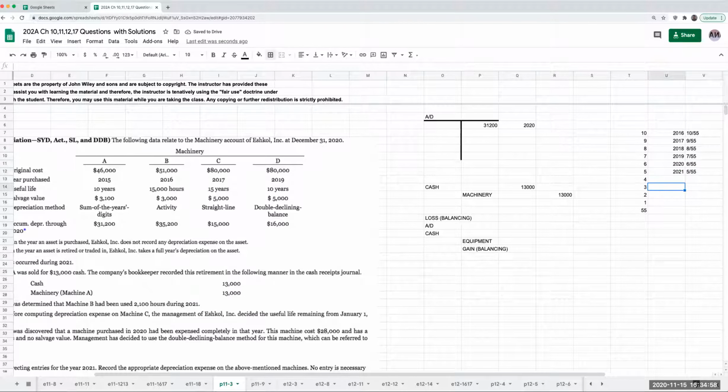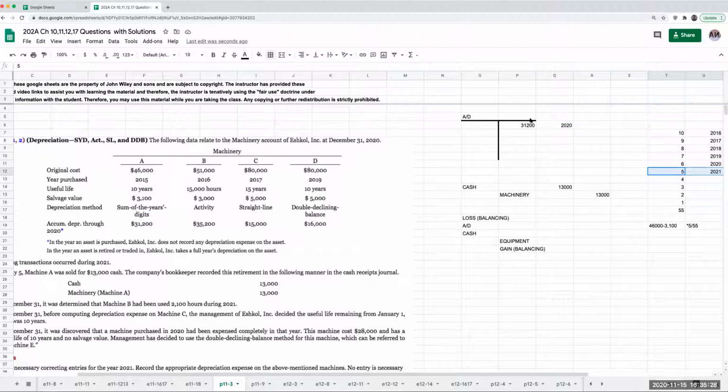So what you do is you take the acquisition cost, which is 46,000, minus the salvage value, which is 3,100. And I'm dividing this by my estimated useful life. Actually, no, I don't do that. I multiply this by the digits, here by 5/55, because we have to do this for 2021. What we have to remember too is that when you sell an asset, you have to take the accumulated depreciation off of its books.